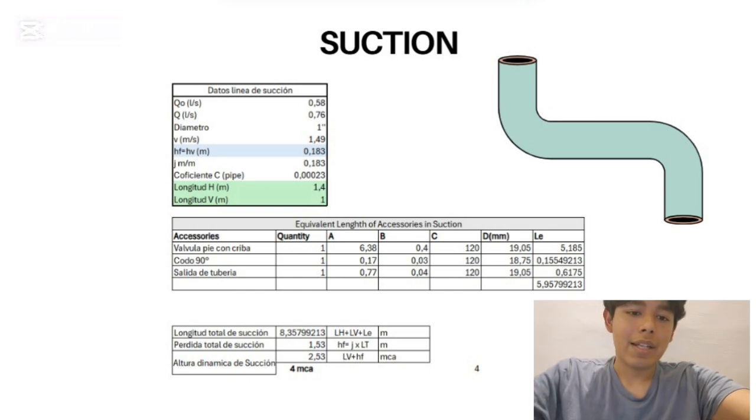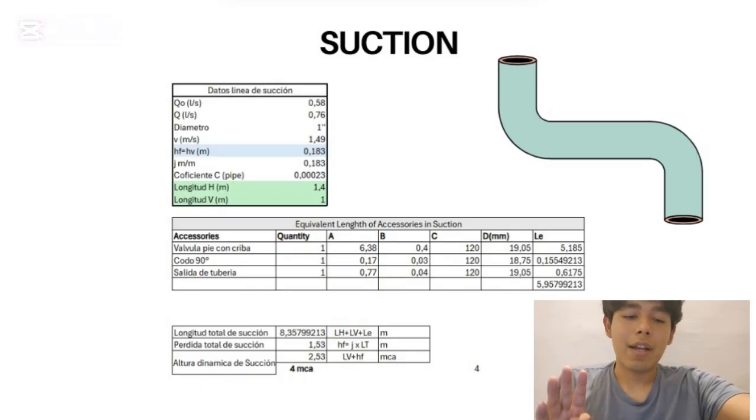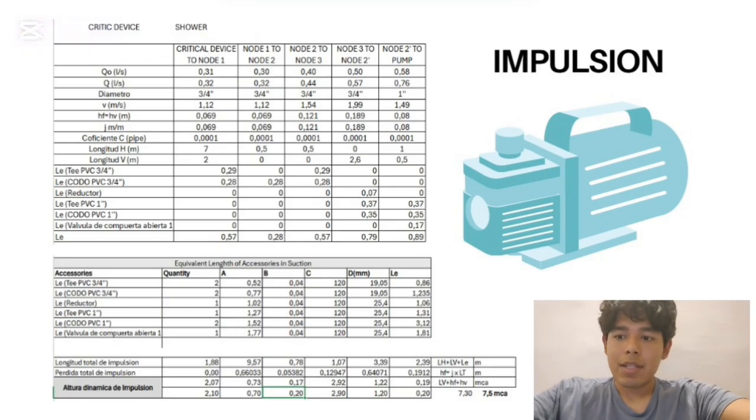We calculate the equivalent length of the accessories with multiple coefficients, and we get the dynamic height of the suction, that is 4, because it's the minimum possible height, only for suction.